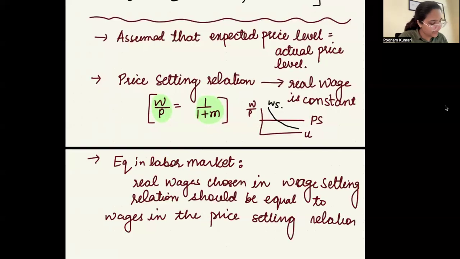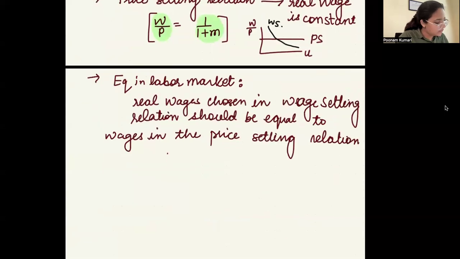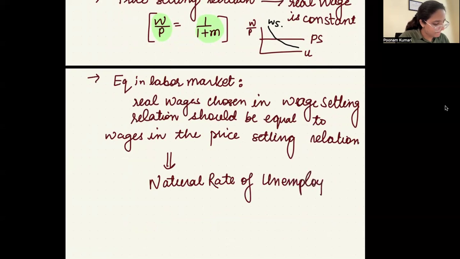And this equilibrium determined what? The natural rate of unemployment.